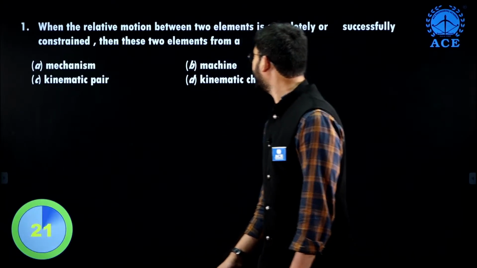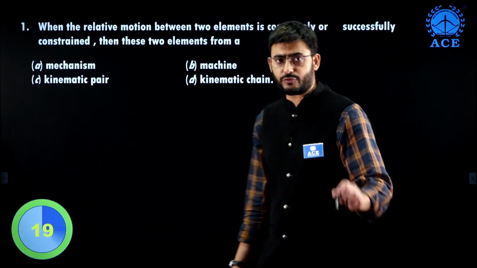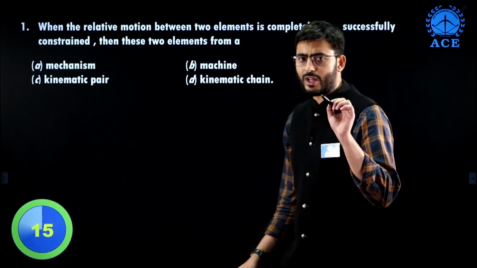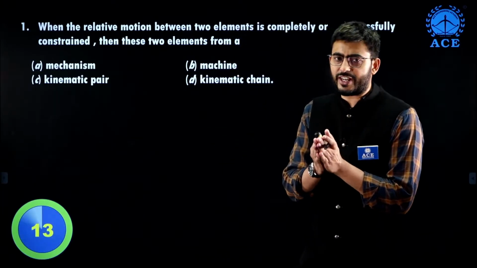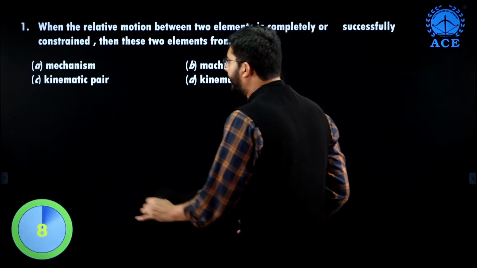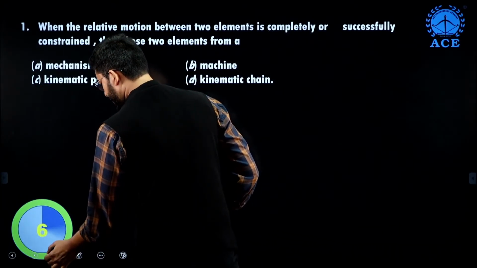When a relative motion between 2 elements is completely or successfully constrained, then these 2 elements form. When you are forming a constrained motion between 2 elements, we can only form a pair. Option C is the answer, guys.